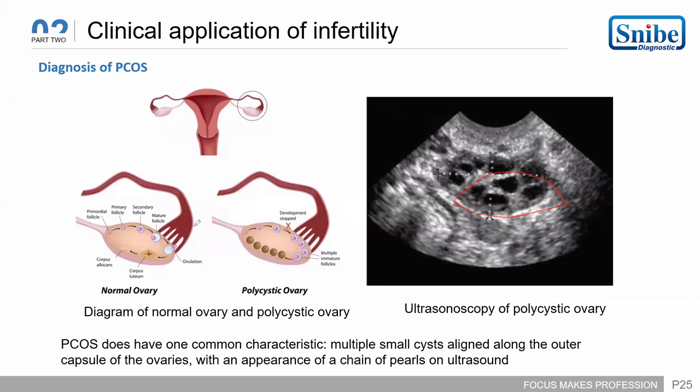Here you can see the normal ovary and the polycystic ovary, which has many small cysts. That's why they call it a polycystic ovary. Through this imaging technology, the clinical findings and other serological testing help to diagnose PCOS.